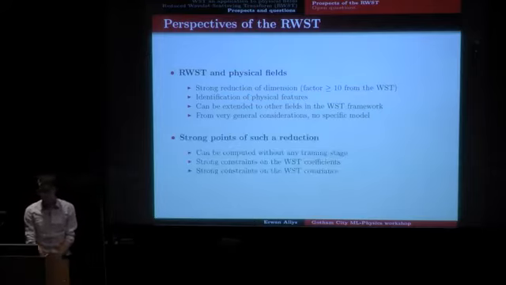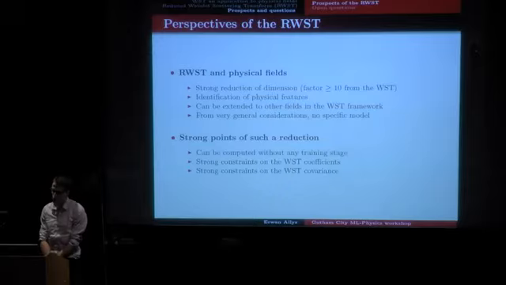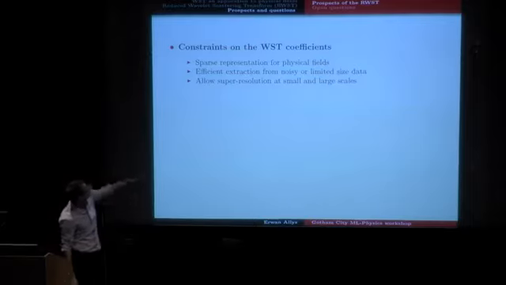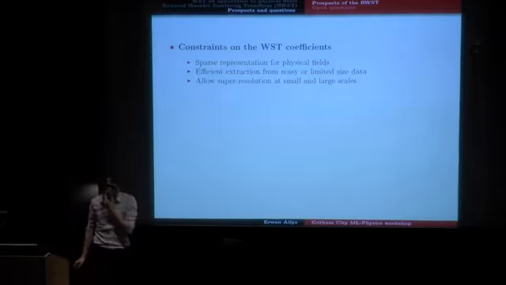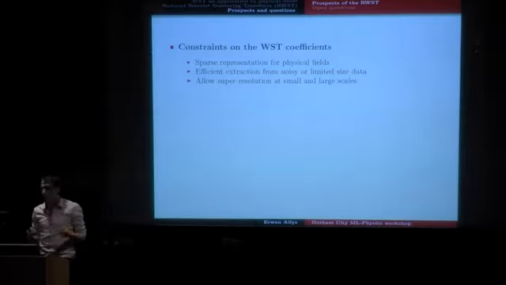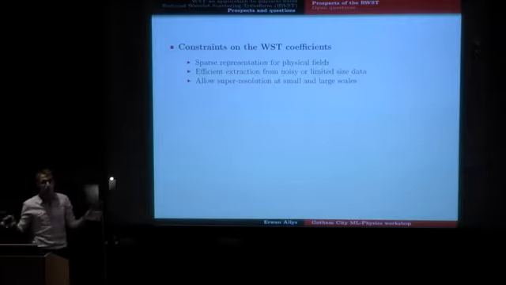And this was the consideration of simplicity I was talking about at the beginning of the talk. And we have some strong points for cluster reduction. It can be computed without any training stage. It gives a strong constraint on the WST coefficients and also on the WST covariance. So I will just use 1 minute to explain that. Basically, you can see it as a sparse representation for physical fields. Or in other words, we identify in the whole WST space a surface on which we expect the physical field to be.